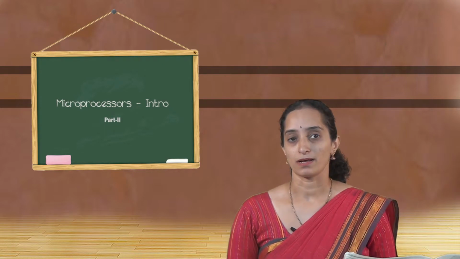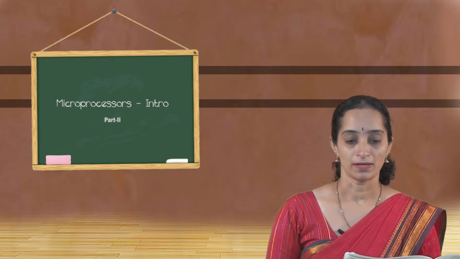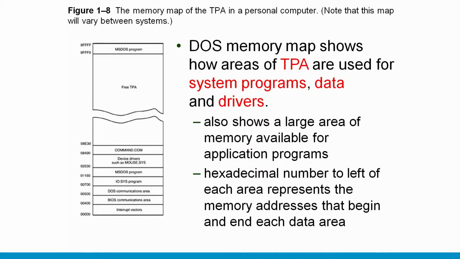So the transient program area, as we already know, has the disk operating system within it. Along with that, it will have the programs which are active and inactive, DOS programs. We will have the memory map of the transient program area in this slide.